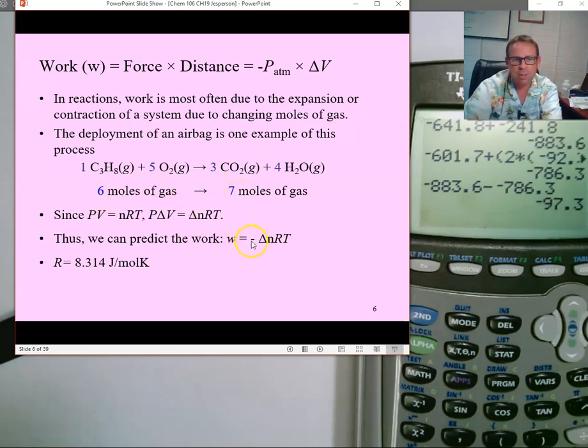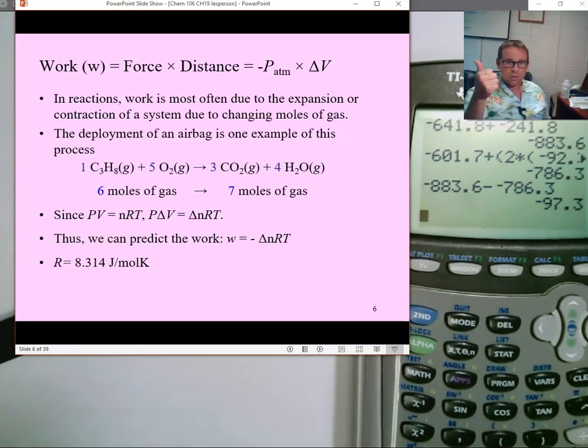And so we throw in a negative sign to make sure that our units are going to be negative. We just talked about this, but 8.314 is in units of joules. So the work energy that's done by the change in the moles of gas will initially be in units of joules. So again, it's usually a smaller amount compared to the delta H.